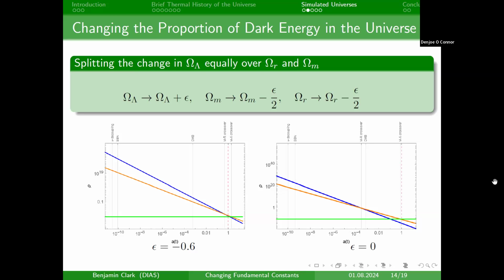We can see here that the CMB, the cosmic microwave background, is just here, and that's actually in the radiation dominated part of the universe, rather than, as in our universe, the matter dominated part of the universe. We don't think that that would actually stop the CMB from happening.